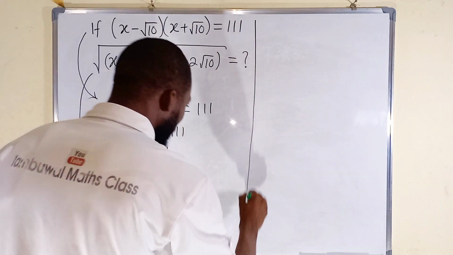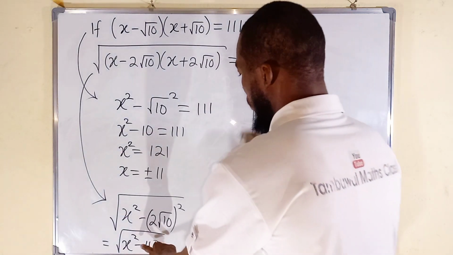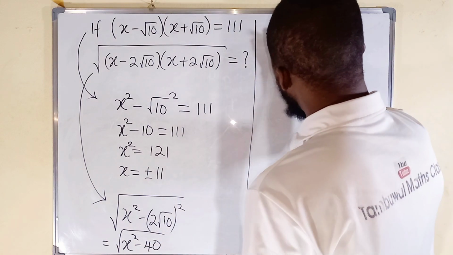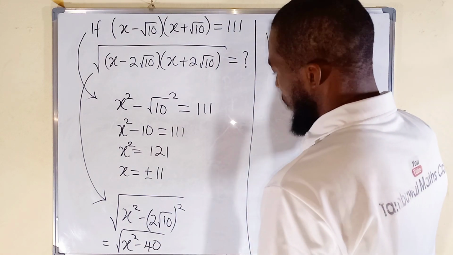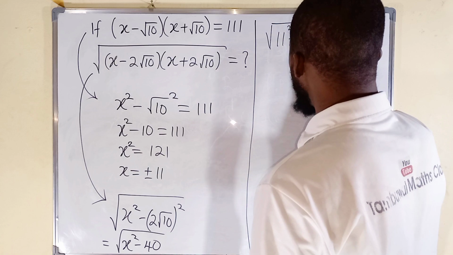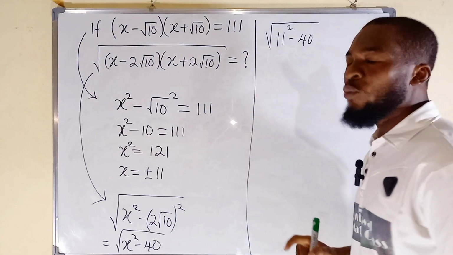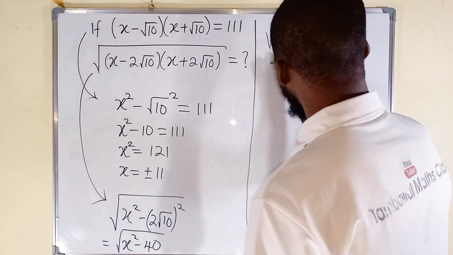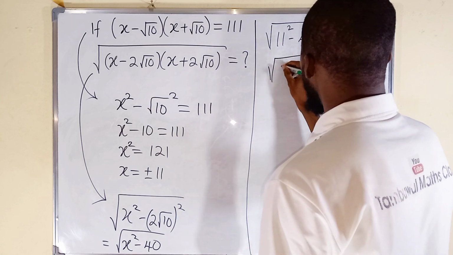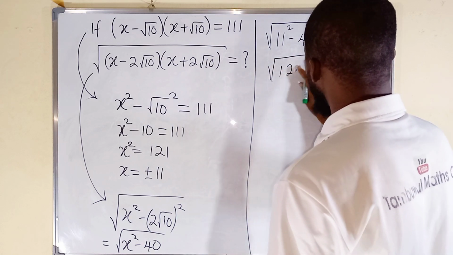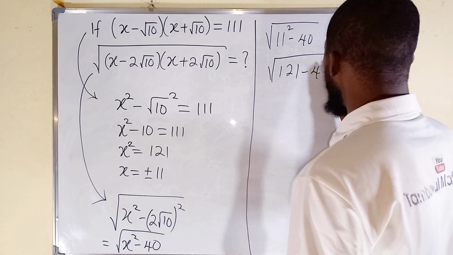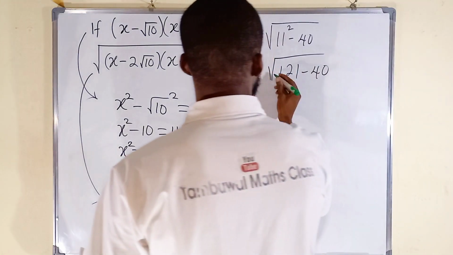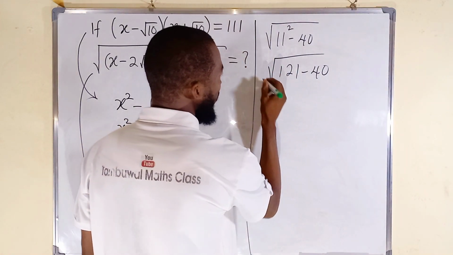So it doesn't matter. We can use 11 or negative 11. So if x is 11, we have the square root of 11 squared minus 40. And 11 squared is 121, minus 40. 121 minus 40 is 81.